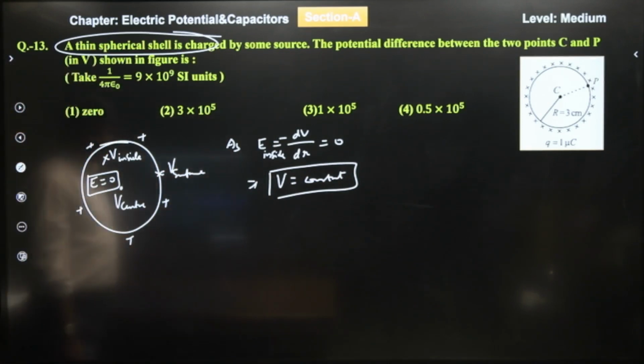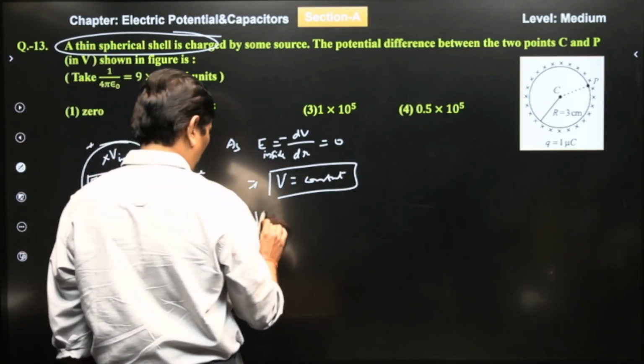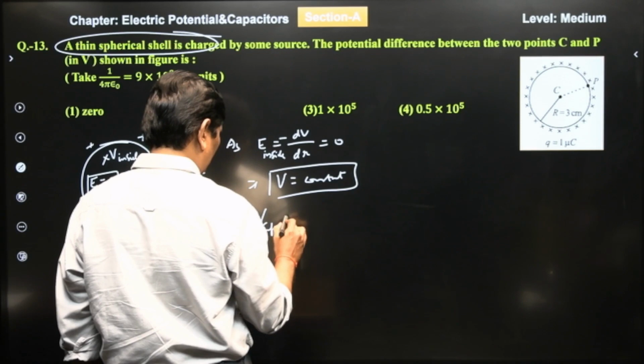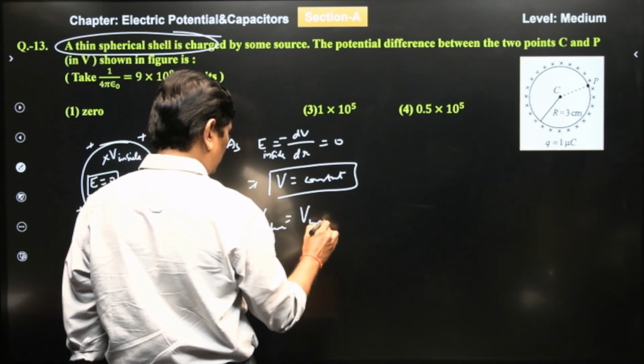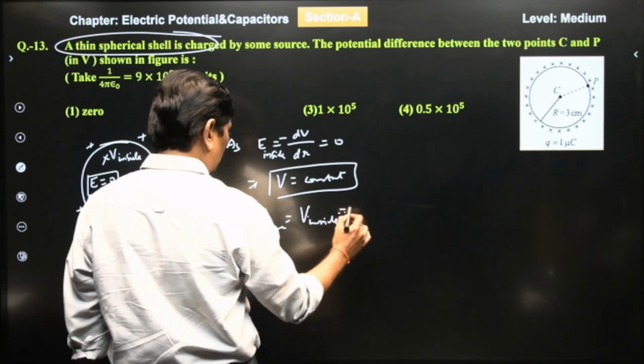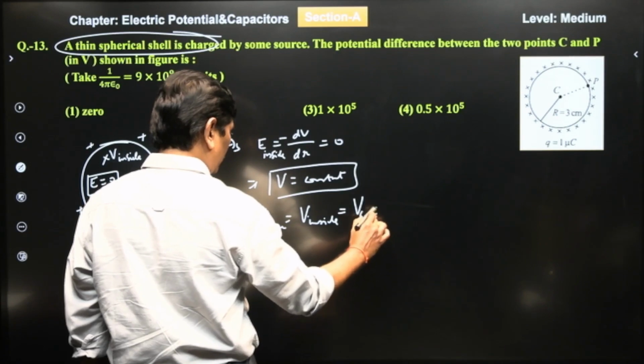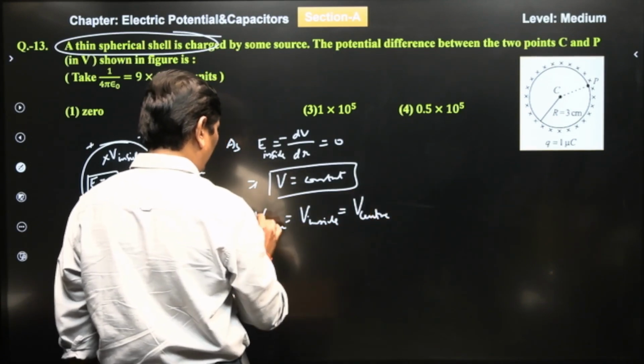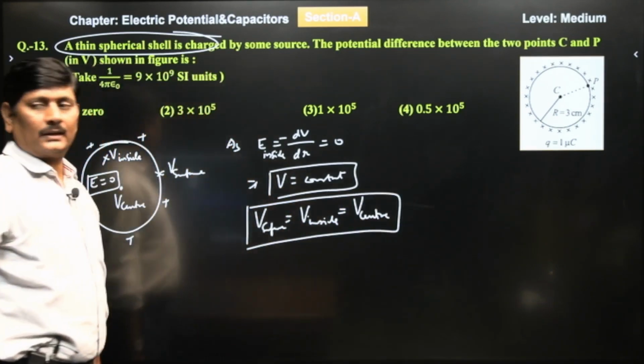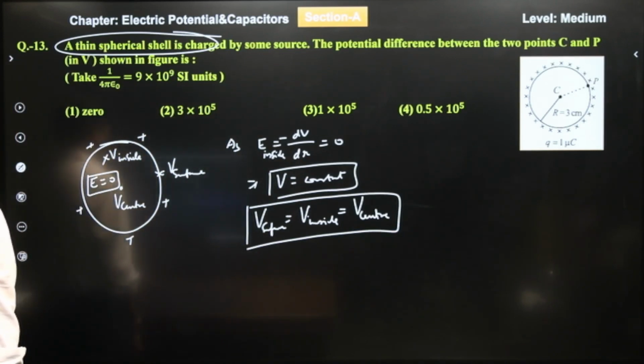Potential constant means the potential on the surface is the same as the potential inside, and also the potential at the center, because the center is also an inside point.